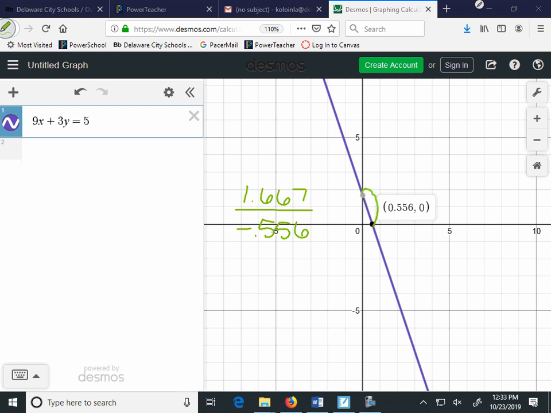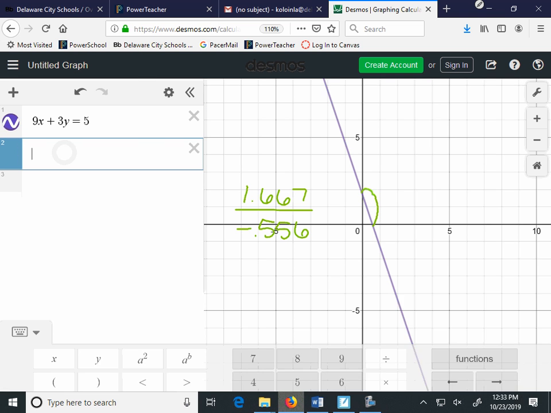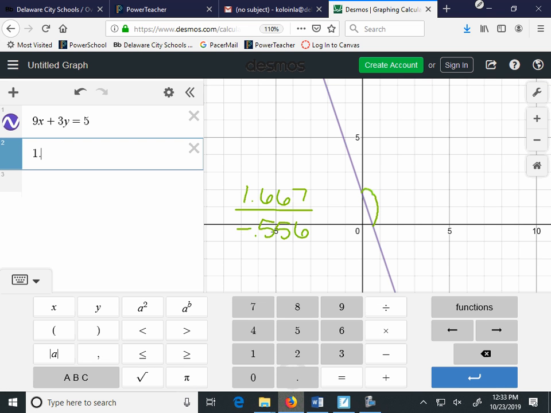If you divide that in decimals, if we do 1.667 divided by negative 0.556, that's roughly what?